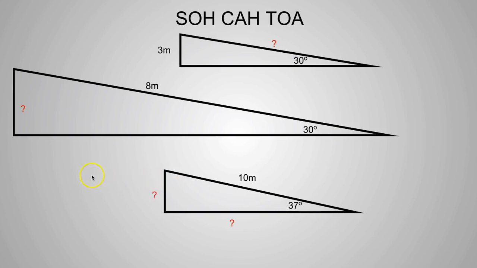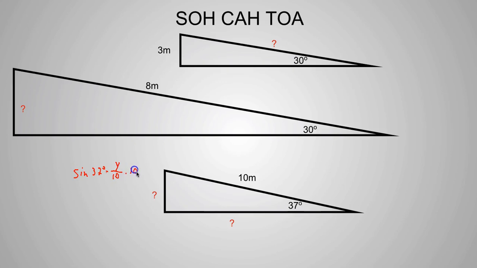For the y component here in the vertical, you would use sine of my 37 degrees equals y, because I don't know it and it's in the y direction, over 10 meters.